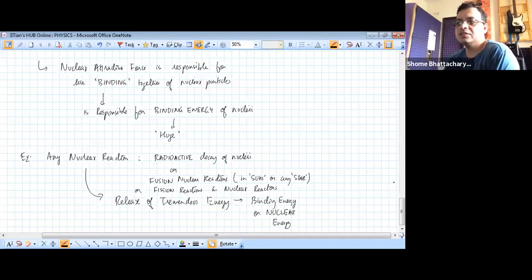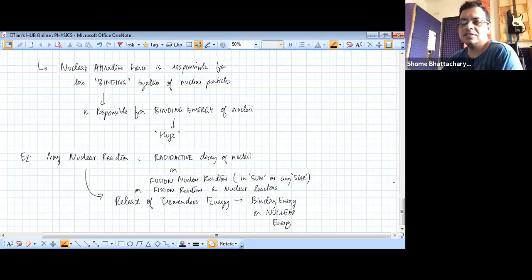So the reason for that is that the binding energy of a nucleus is a very tremendous amount of energy compared to any type of electromagnetic energy. So this is one example of how in our everyday lives we experience the power of nuclear forces, the tremendous nature of nuclear forces and the tremendous amount of binding energy associated with the nuclear forces.